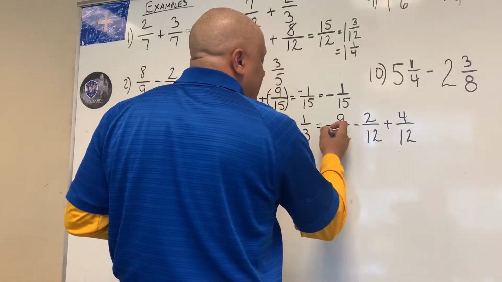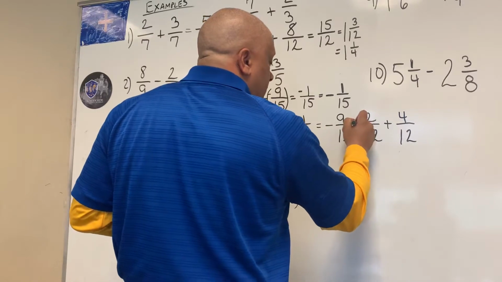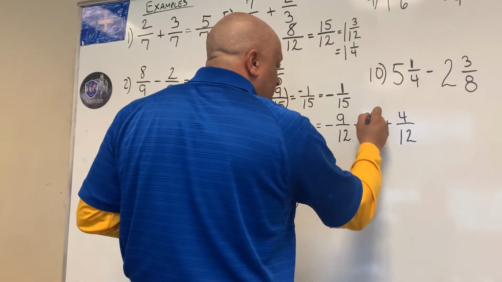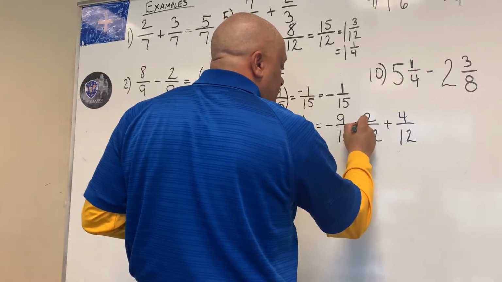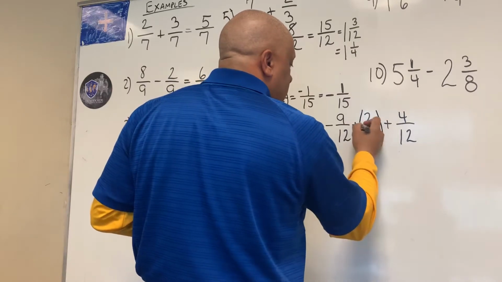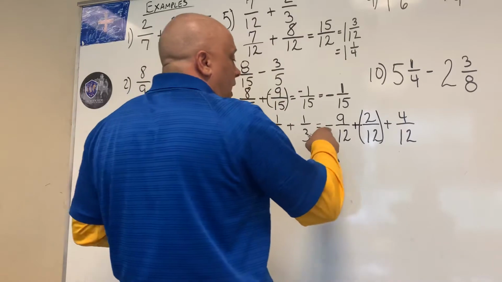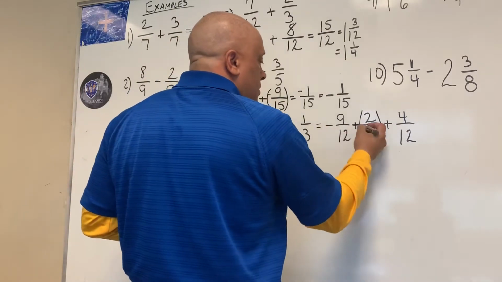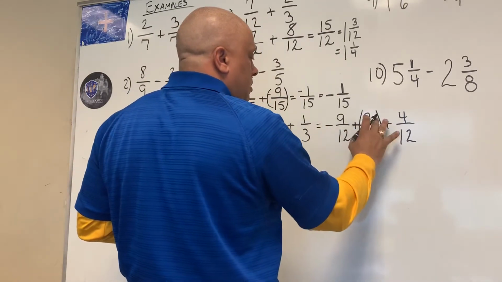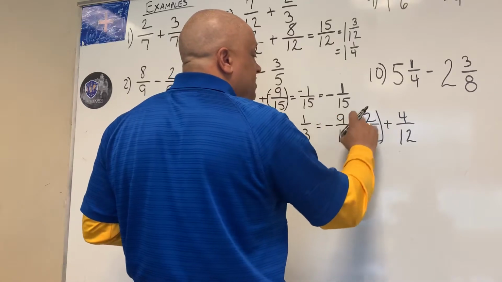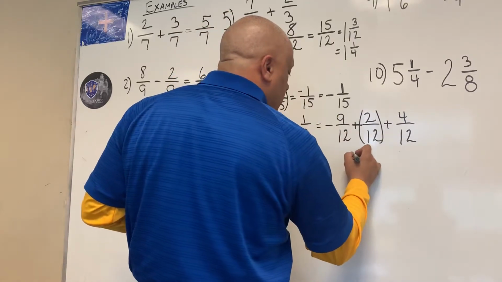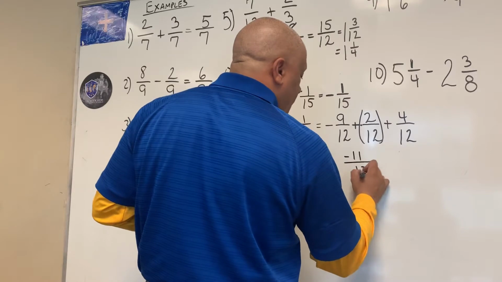So here we have a negative 9 over 12. Here we have that minus 2 over 12, which means we can keep, change, change. So that's a negative. And then adding 2 to 4, right? When you are adding two like signs, you just add the numbers together. So you got negative 9 plus negative 2, which gives you a negative 11 over 12.